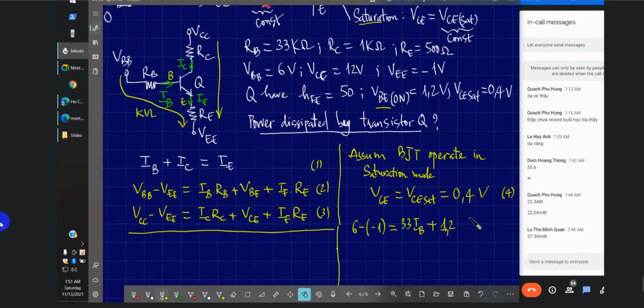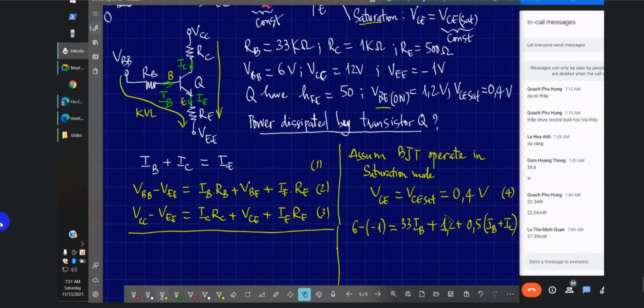And then IE RE. RE is 0.5 kilo ohm for IE. I would like to use the first equation: IE equals IB plus IC.